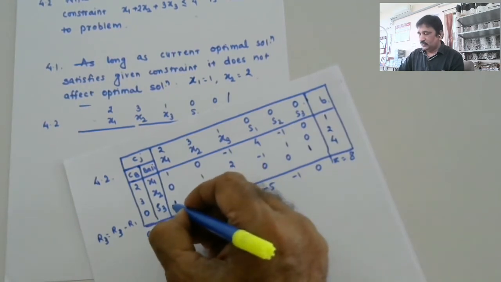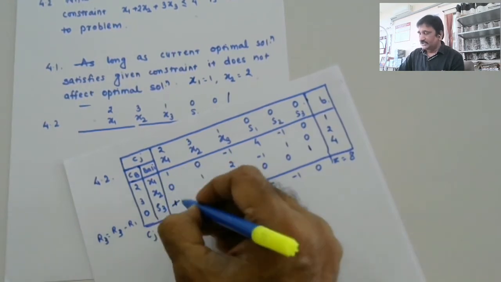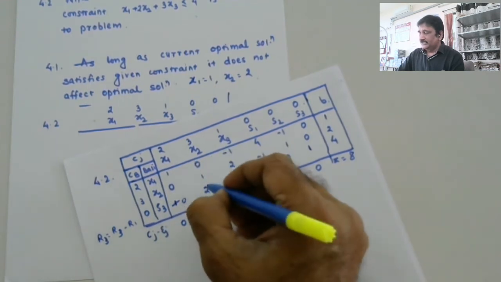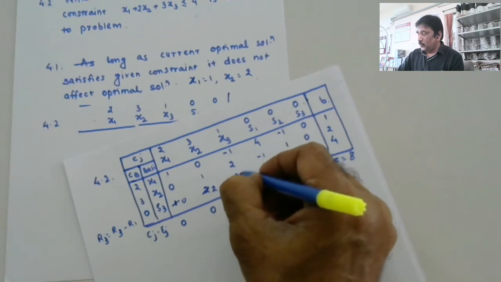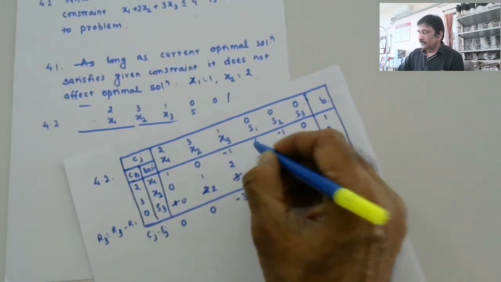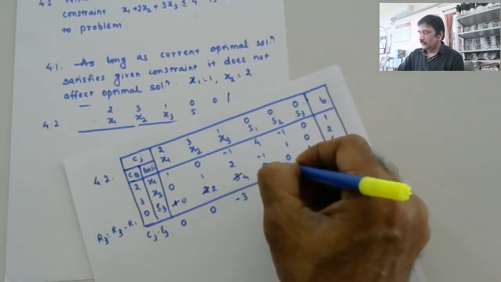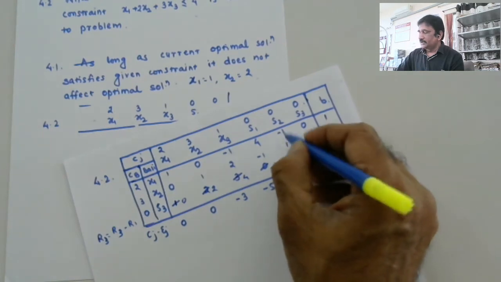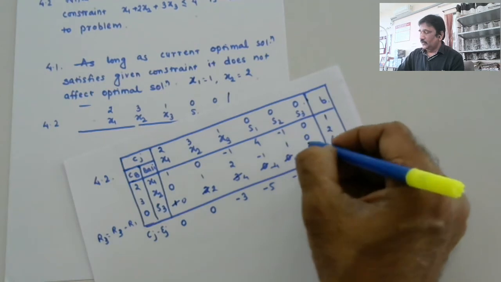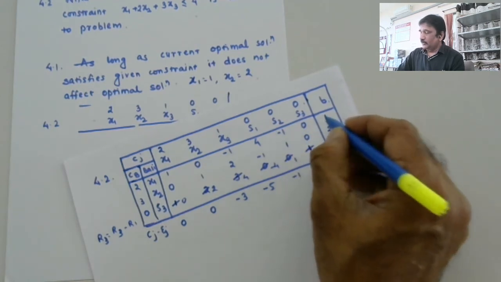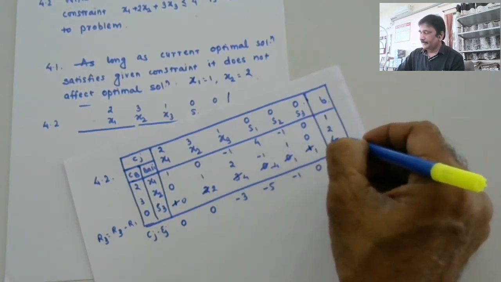Very simple rule. So here I'll be getting 1 minus 1, 0, 2 minus 0, 2, 3 minus 1, 4, 0 minus 4, minus 4, and 0 minus 1, 1, and 1 minus 0, 1 again, and 4 minus 1, 3.